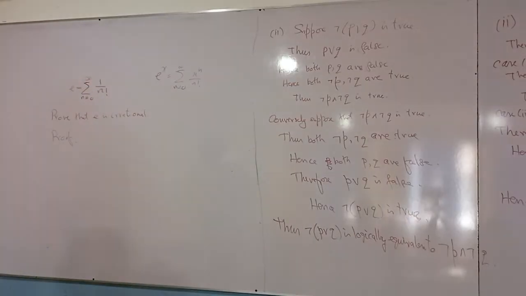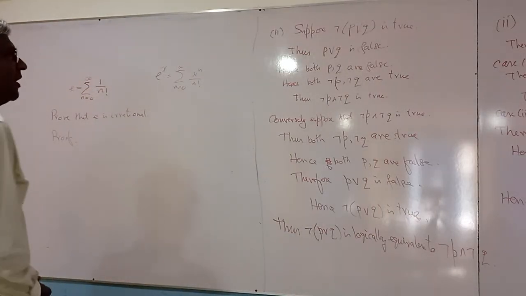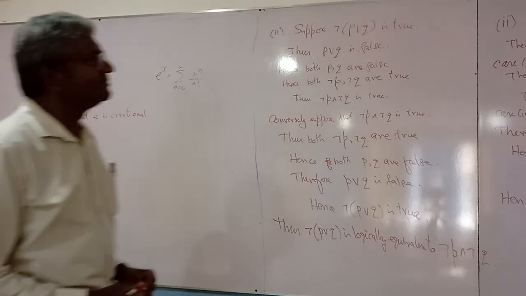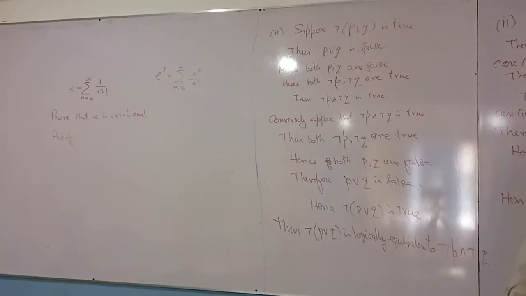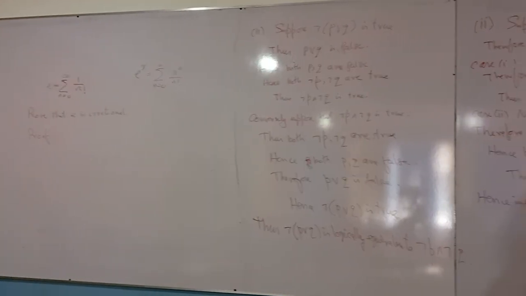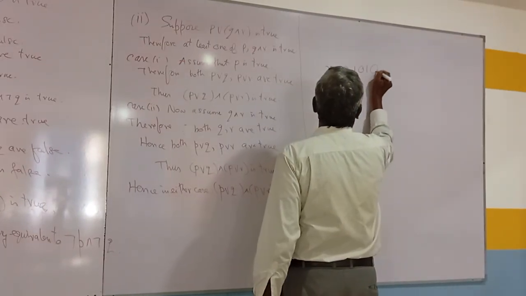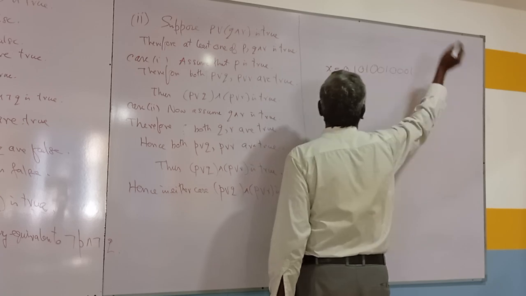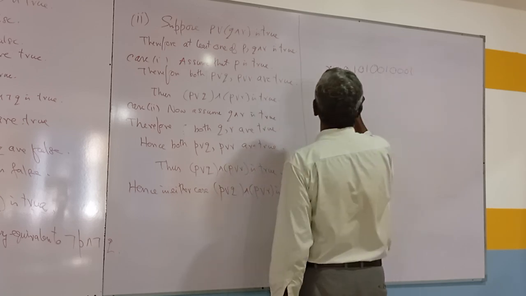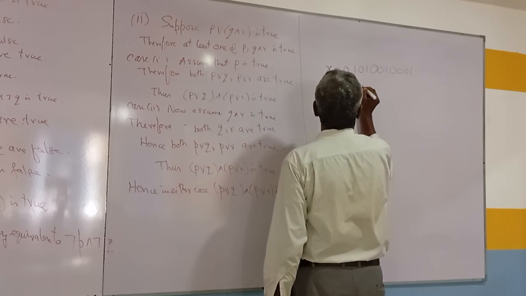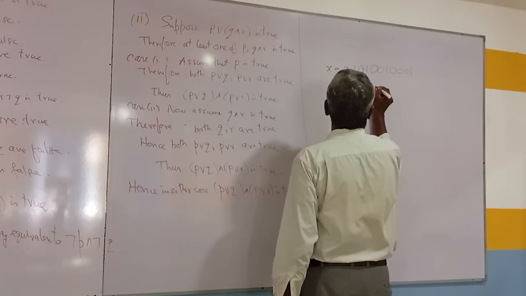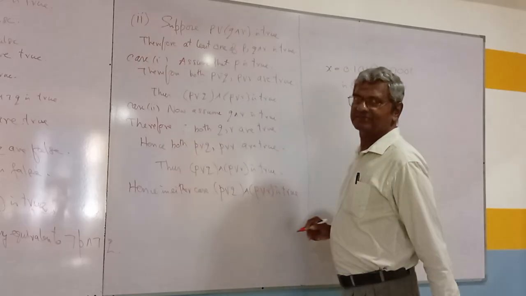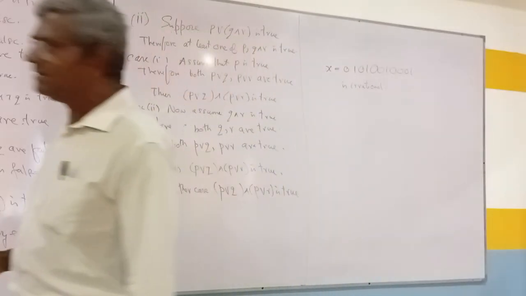After I prove this thing, I want you to prove this one. Let's say x is equal to 0.1 0 1 0 0 1, 3 zeros and 1, and so on. This number is irrational.